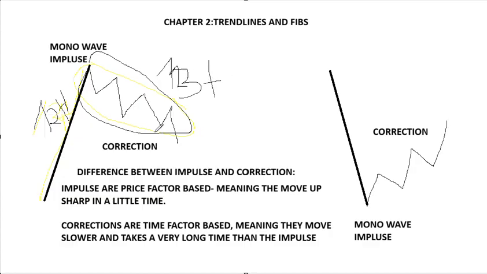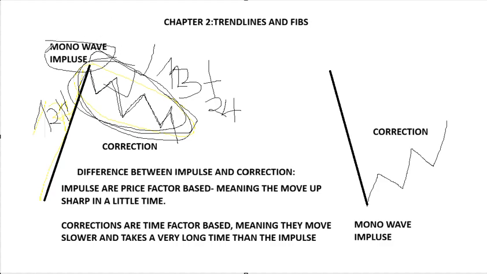If it is less than this, then we do not regard this as a correction, then we're still in our mono wave, alright? That's the difference. If it goes consolidating or correcting for probably 24 hours, okay, or even more, then we regard this as a correction. Then that's when we mark this first wave as our mono wave, alright?